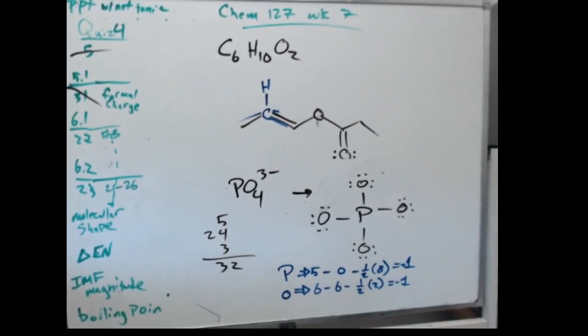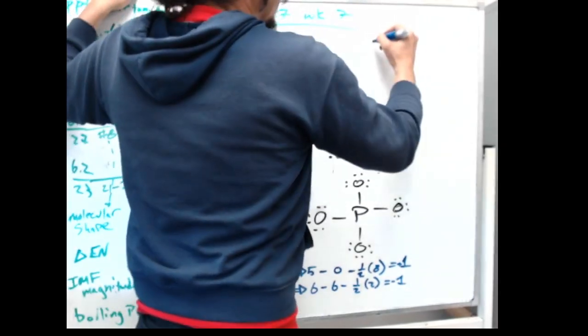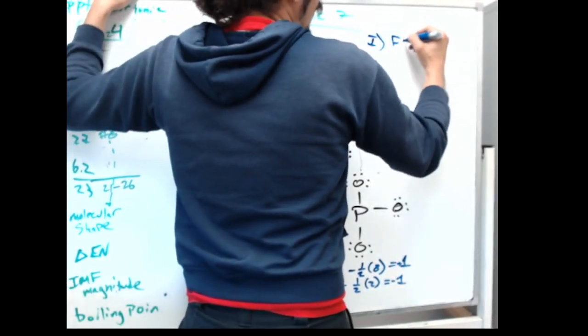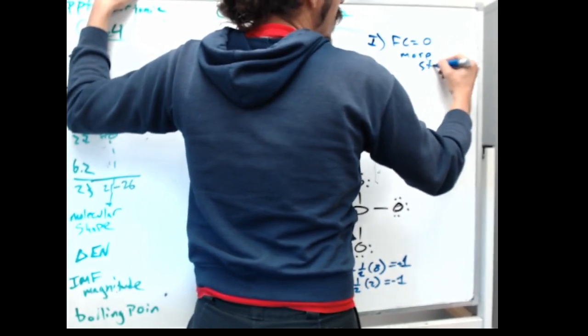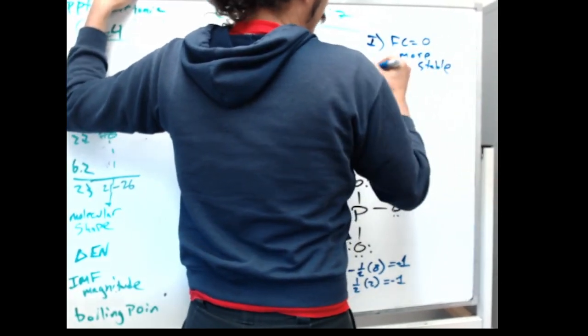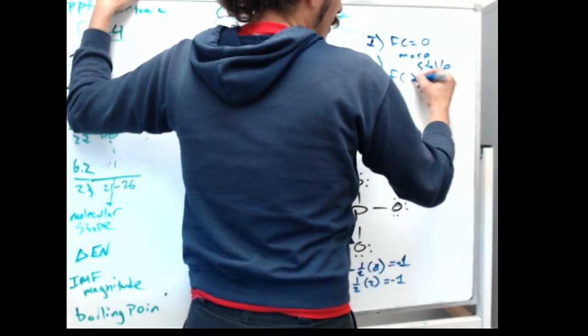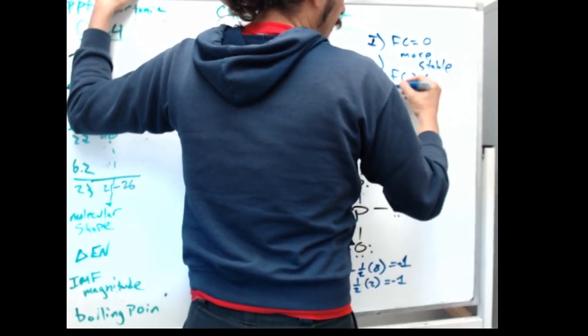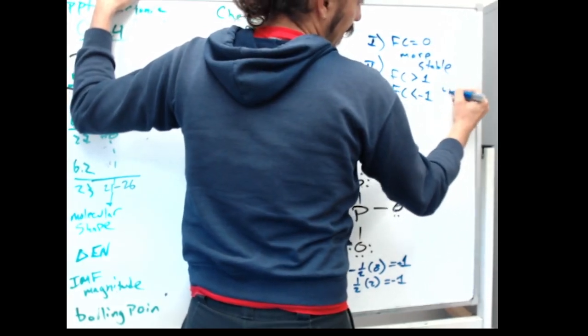And the question becomes, is there a way to get more formal charges close to 0? Because there's 3 things about formal charge, right? Thing number 1, formal charge equals 0 is more stable. Thing number 2, formal charge greater than +1 and less than -1 are unlikely.